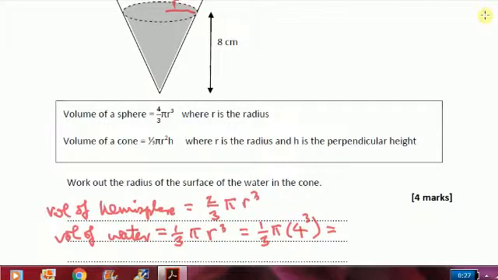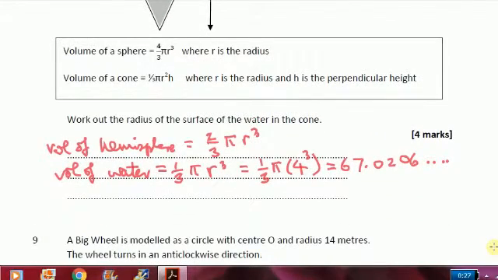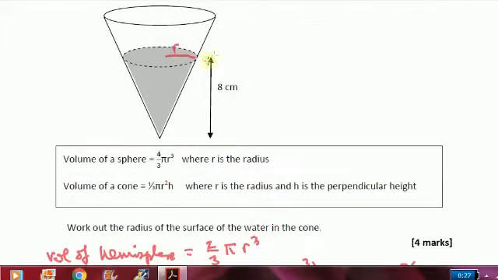And I think it comes to about 67.0206 and some other digits. I suggest that you work with full accuracy in your calculator, but I can't be bothered to write down all 9 or 11 digits on the paper. But when you're working on the calculator, then we can.